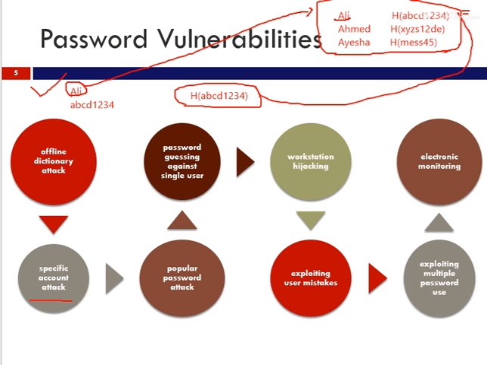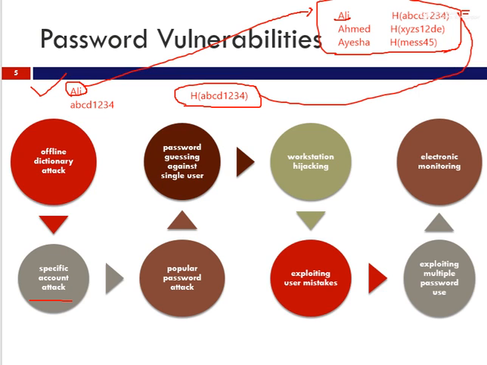He can come to that system and get information from it. So this is called workstation hijacking. The attacker waits until a logged-in workstation is unattended, nobody is there to attend it, so he can get control of it.